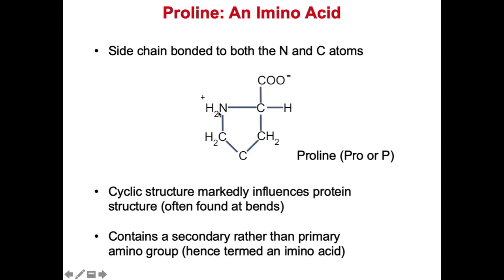So this gives it a cyclic structure, and this can often influence the way that a protein folds. So that when the polypeptide chain kinks or bends, there's often a proline there, and this allows the polypeptide chain to fold back on itself. So this contains a secondary rather than a primary amino group, and hence it's termed an imino acid.